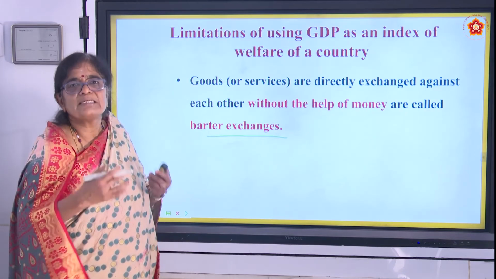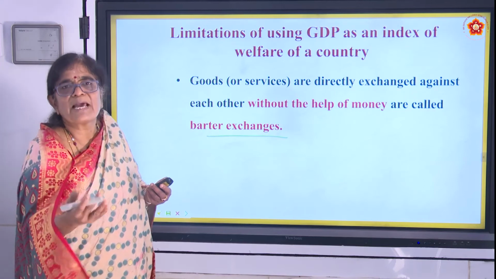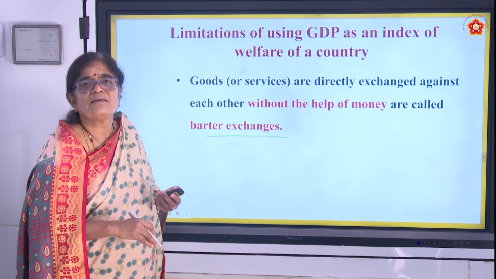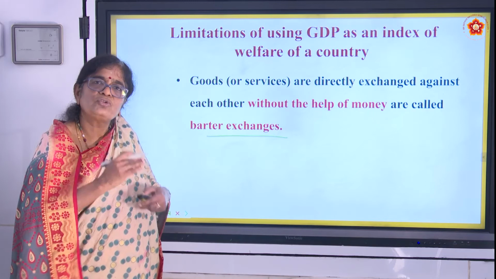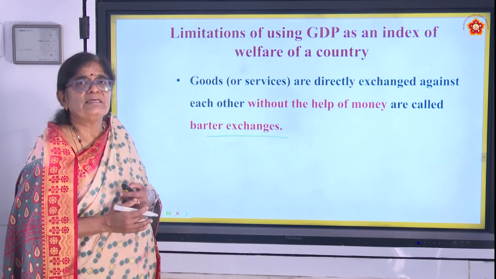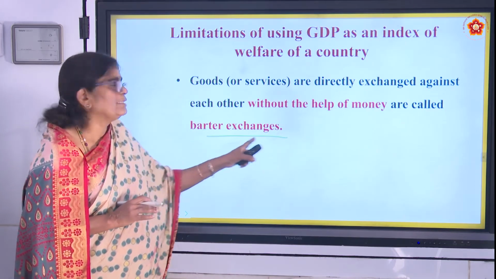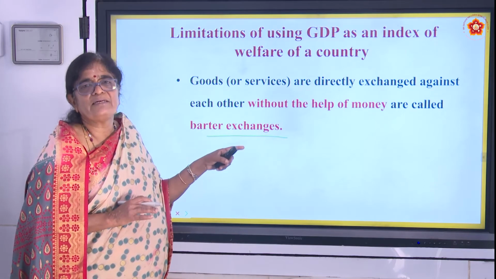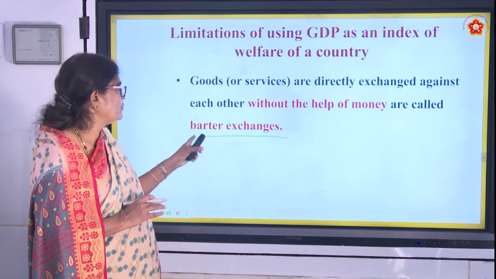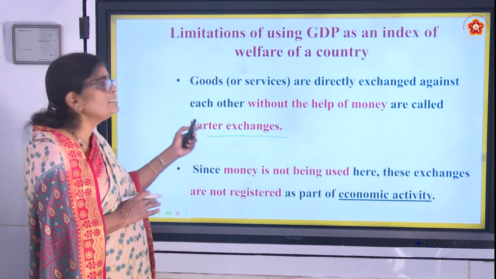Rice is exchanged for cloth: the weaver is given rice bags and they get the sari or dhoti. Therefore, this commodity-to-commodity transaction, without the intervention of money, is called barter exchange. It was so before the money concept developed. They were barter exchanges without the usage of money. Therefore, this is still there.